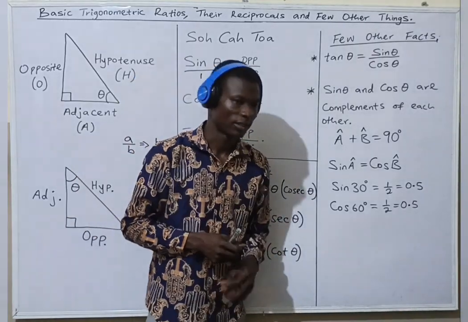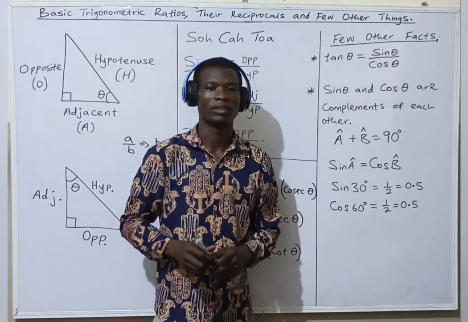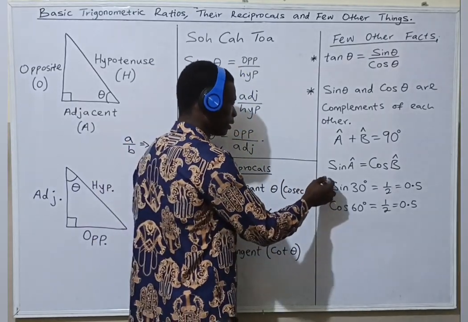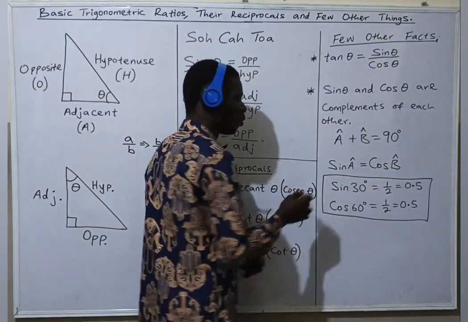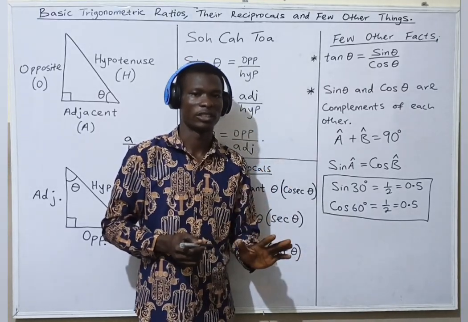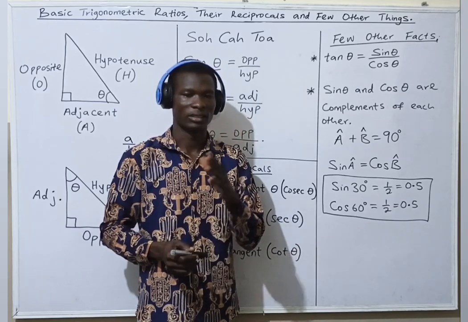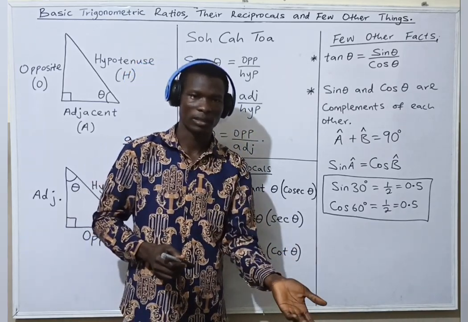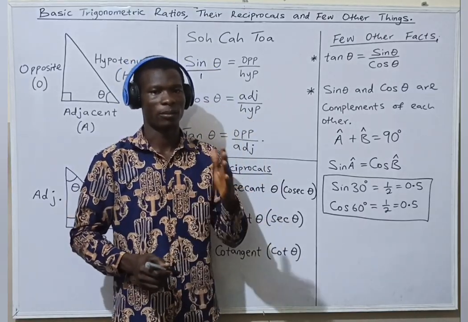Don't doubt it. It is the same for every angle as long as those two angles are complements of each other. You can pick any other two angles that are complementary angles. Say, for example, 1 degree and 89 degrees, because if you add 1 to 89, it's going to give you 90 degrees. Say 41 degrees and 49 degrees, they are complementary angles.